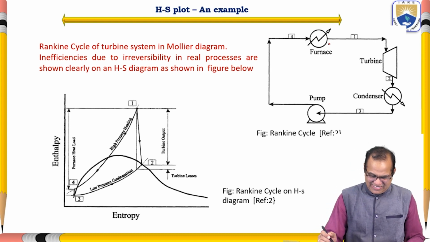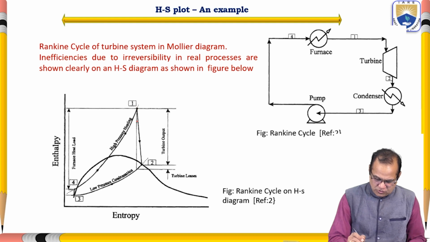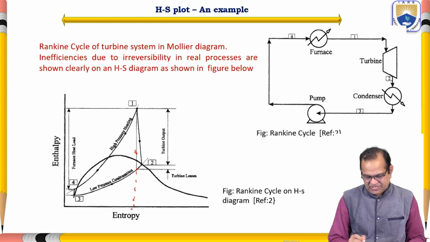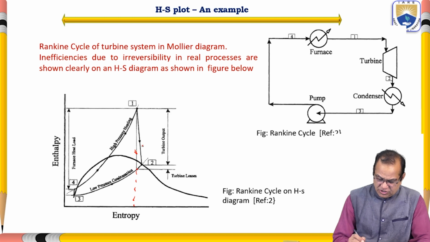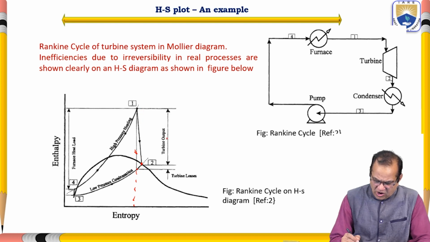You can see that from 1 to 2 is the ideal process, where the entropy is constant. But in the real scenario it will not be a straight line; it will be a slanted line like this. So 1 to 2 is the turbine output.